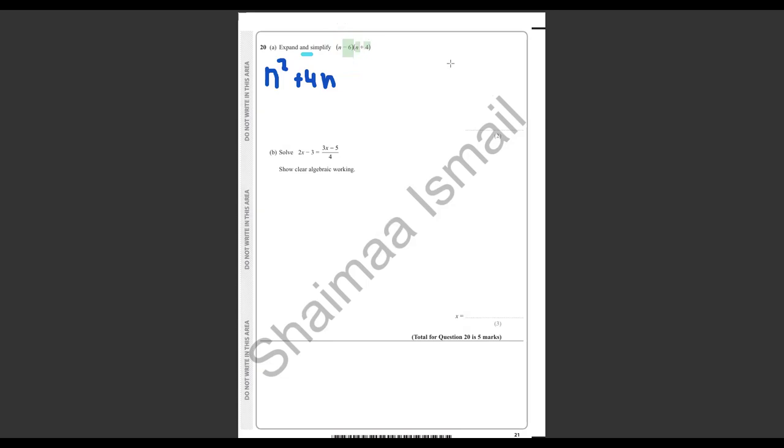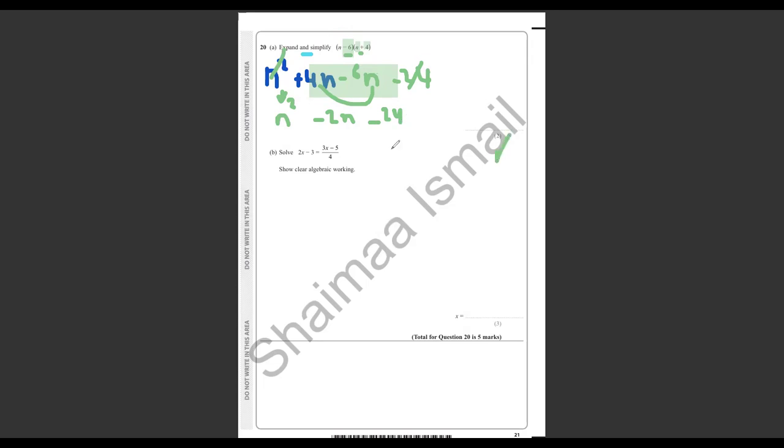So we are going to say that is minus 6 multiplied by n, which is negative 6n. And negative 6 multiplied by 4 is negative 24. Merge the like terms here. The 4n minus 6n is equal to minus 2n. And bring the numbers here down as it is. Make sure that you take all the terms.